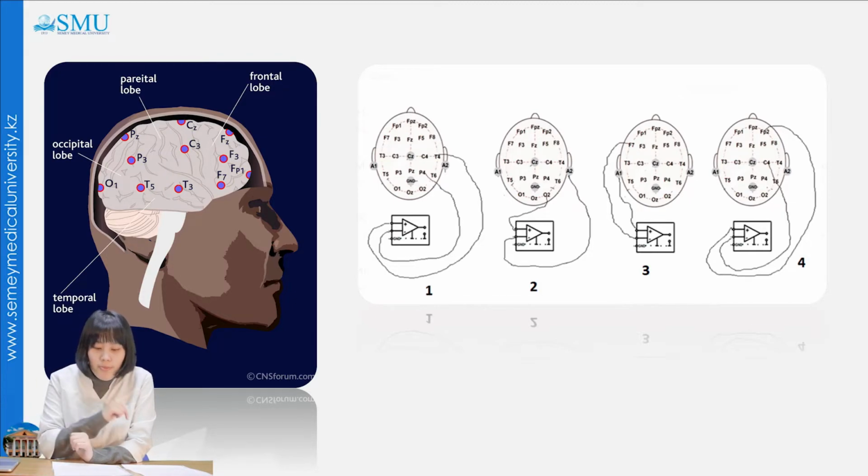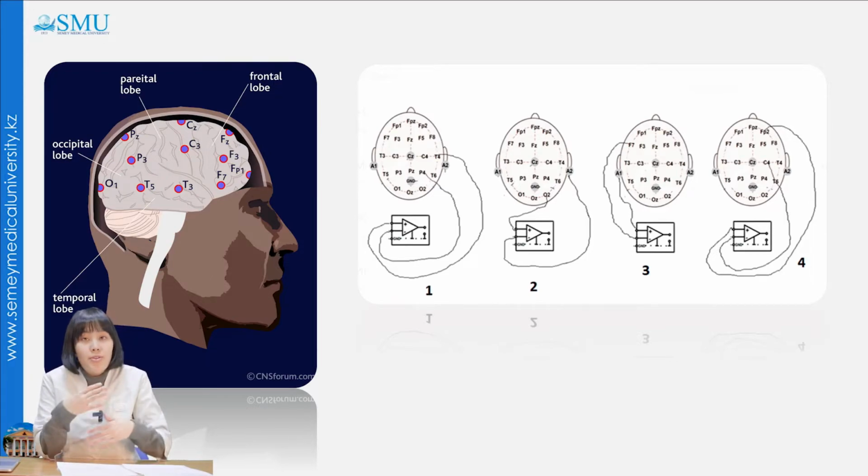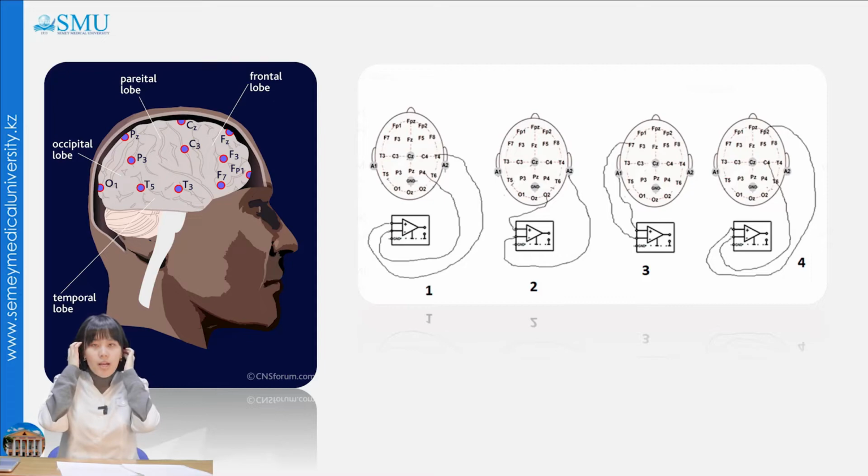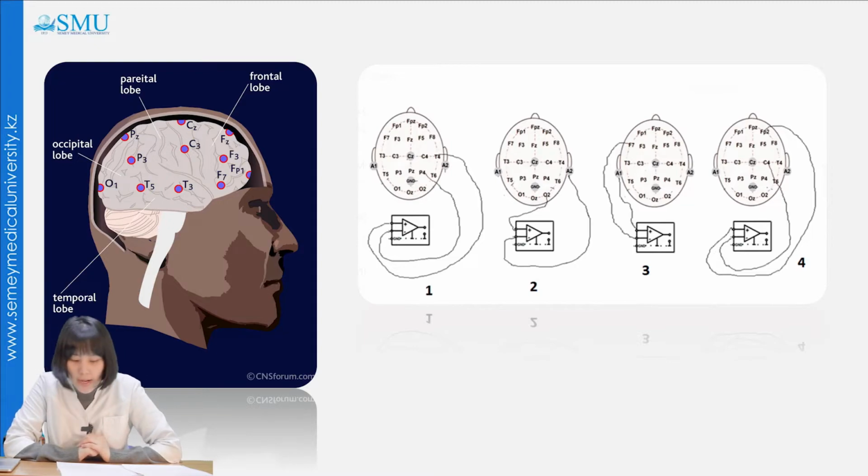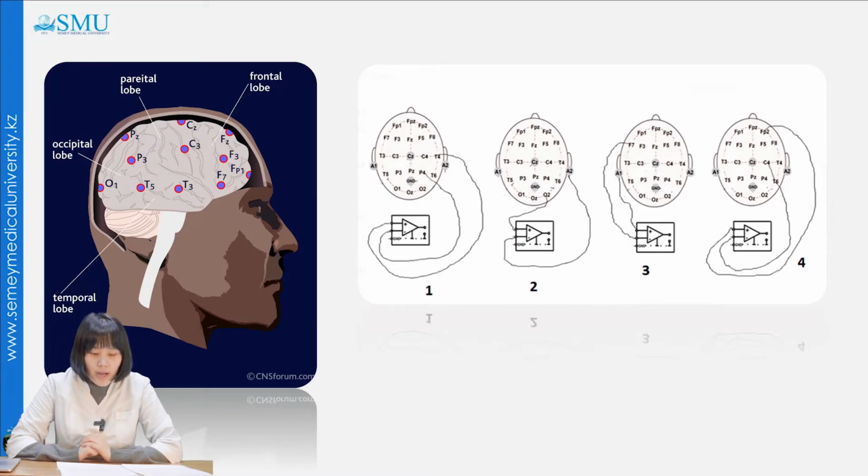Second, if we consider that the lead records the potential difference between two electrodes, then depending on the electrode leads, they are divided into two types: monopolar and bipolar. In the first picture we see a bipolar electroencephalogram derivation.